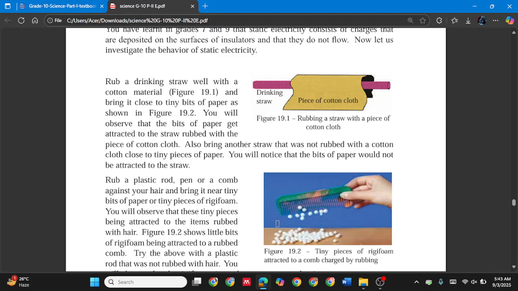You will observe that the bits of paper get attracted to the straw rubbed with the piece of cotton cloth. Also bring another straw that was not rubbed with the cotton cloth close to tiny pieces of paper. We will notice that the bits of paper would not be attracted to the straw.